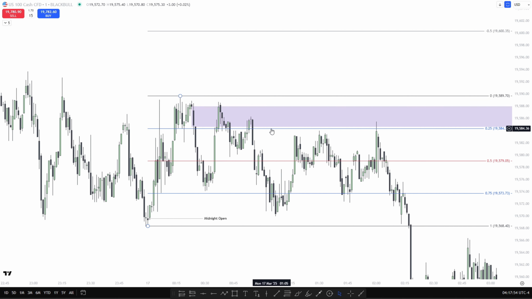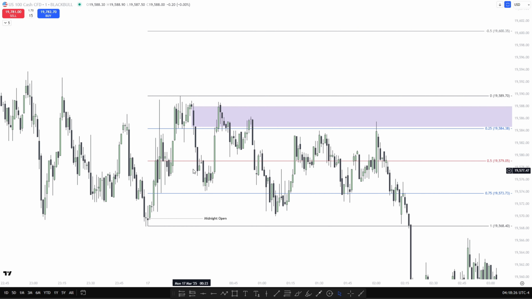You want to put the quadrants on it, so 0.25, 0.5, 0.75, just like grading any other range. So there's going to be a lot of price action within that range during the initial delivery post midnight. You also want to find the largest displacement that happens in that interval of time.